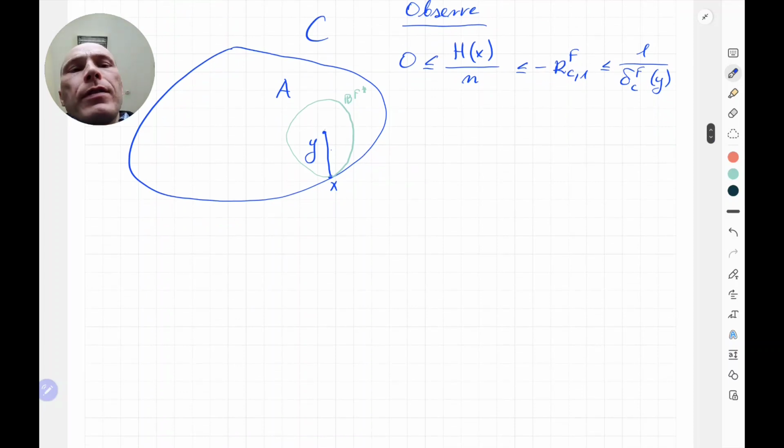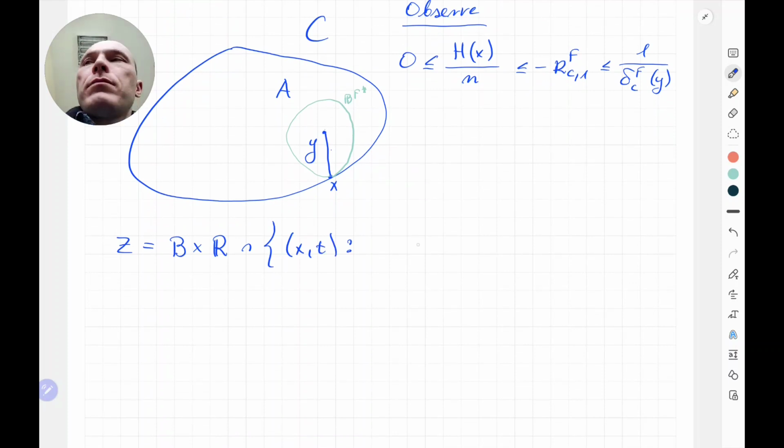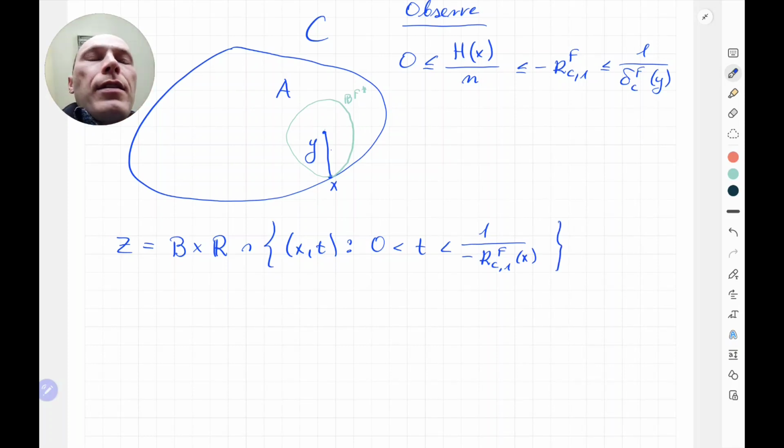Next we define the following objects. Z is a set of pairs X and T. X comes with a line segment of length at most this length, which we should imagine as follows: there is some X, and there you go as far as you can go in this direction. And Z gathers all these line segments.